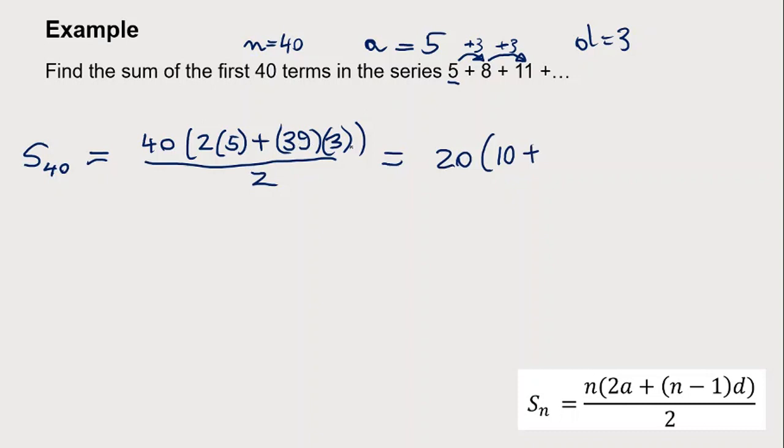I think it's 117. Yep, 117, so I will have 20 multiplied with 127, and therefore the answer is 2540. Okay, that's the series, or the sum of the first 40 terms in this particular sequence.